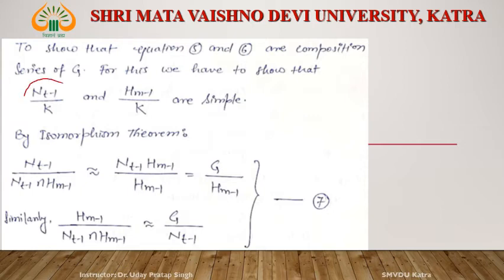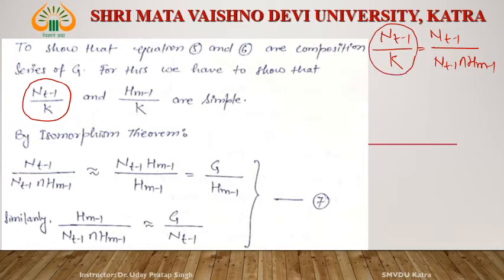What is N_{t-1} by K, that is N_{t-1} by N_{t-1} intersection H_{m-1}?